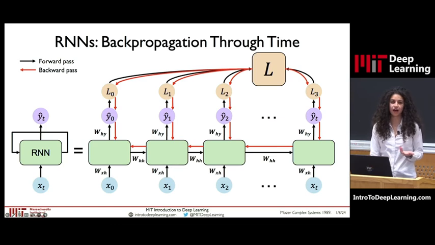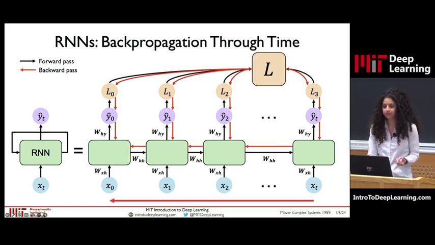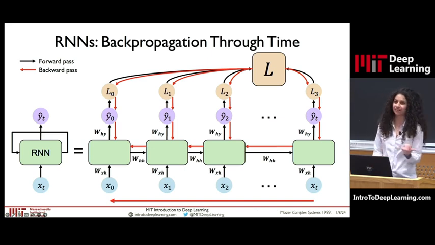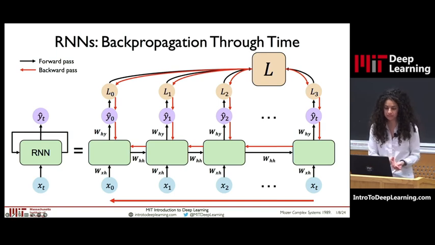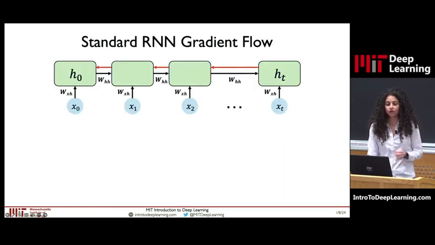And this is the idea of backpropagation through time, because the errors are additionally backpropagated along this time axis as well to the beginning of the data sequence. Now, you could maybe see why this can get a little bit hairy.